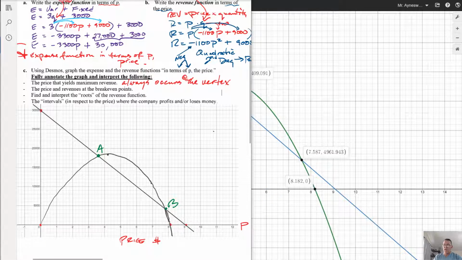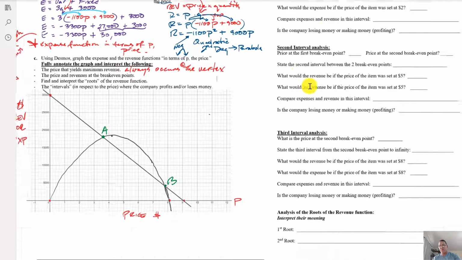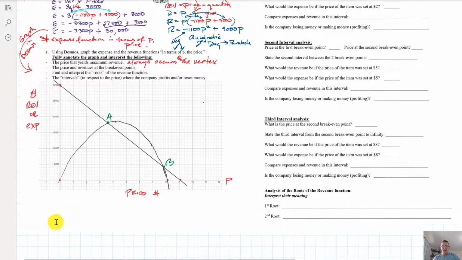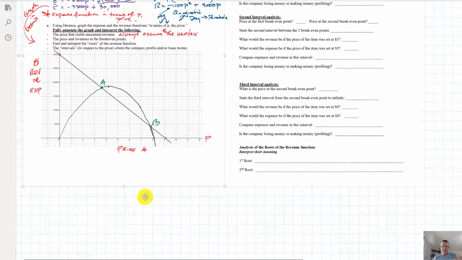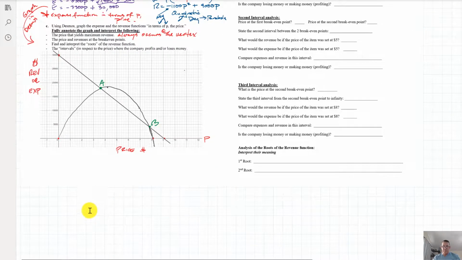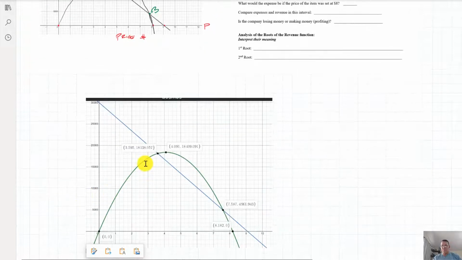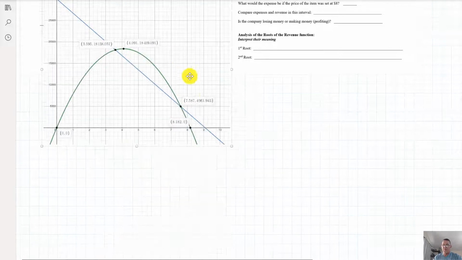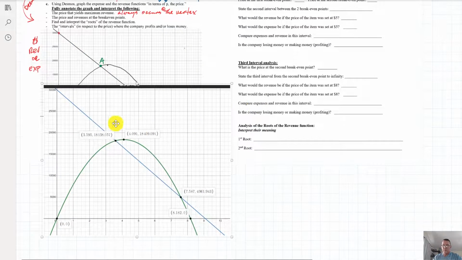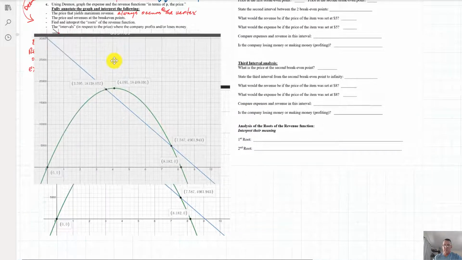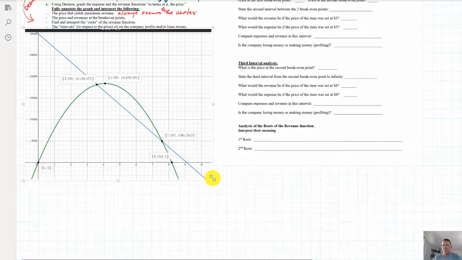Then we can annotate our graph. Annotate meaning we can write down everything that's important. Let me grab mine and bring it in, and let's play around with the ideas here.